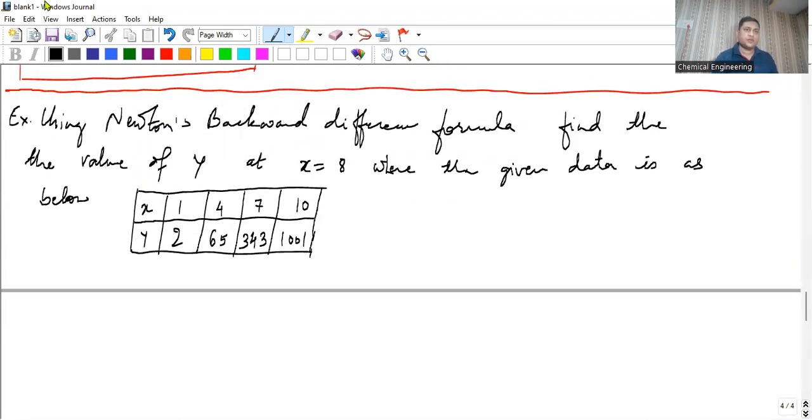So using this given data, we have to find the value of y at x is equal to 8. So we go with the solution.